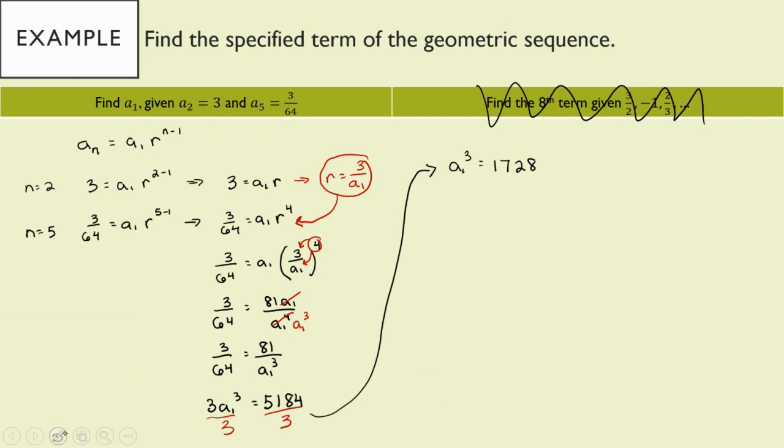Now to get rid of a cube, you take the cube root of both sides. That is the same thing as taking it to the 1/3 power. If you don't have a button on your calculator for that, it's the same thing as using the 1/3 power. That's usually how I enter it in, and that gives me 576.